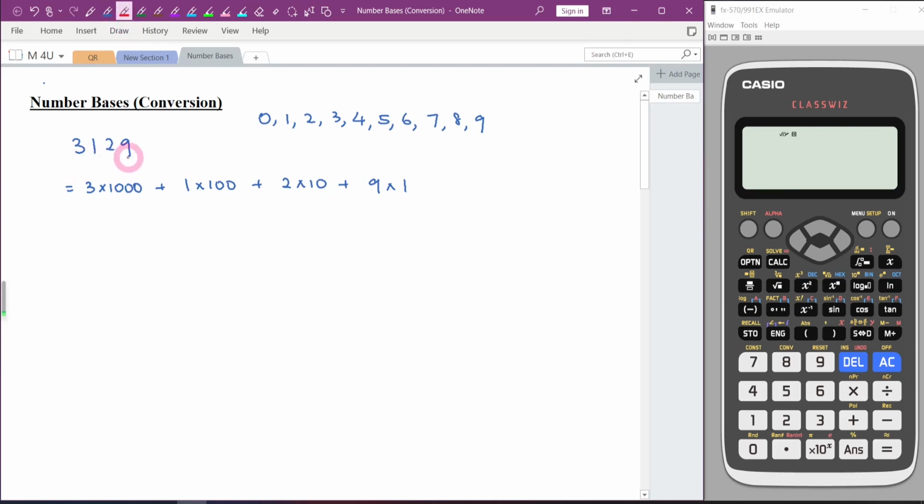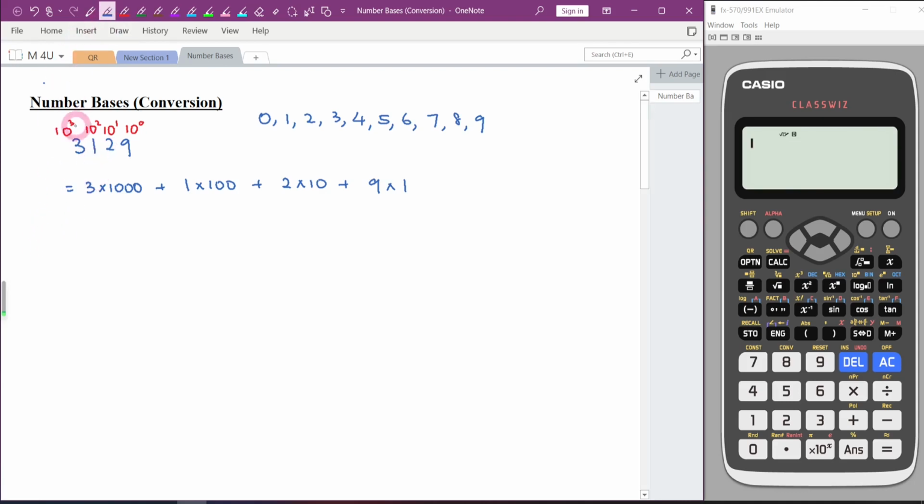Because this is base 10, this is 10 power 0, which is equal to 1. This is 10 power 1, which is equal to 10. This is 10 power 2, which is equal to 100. And this is 10 power 3, which is equal to 1000. So if you understand this concept, then it will be very easy for you to convert numbers in other bases to numbers in base 10.